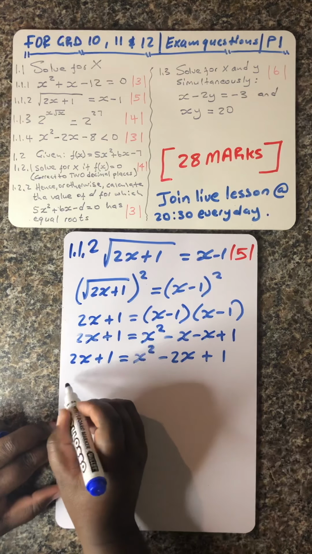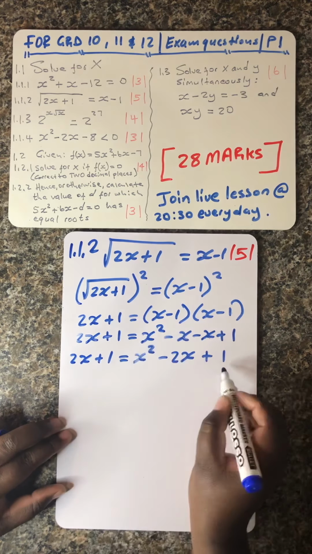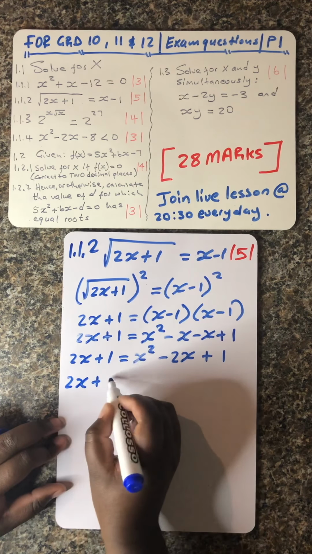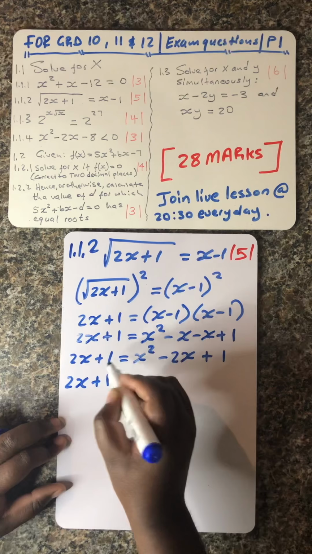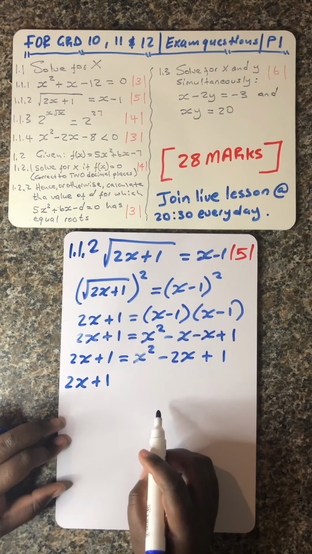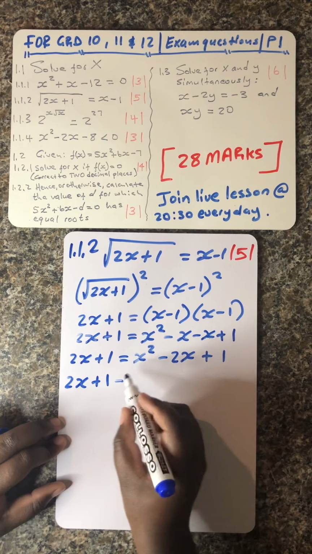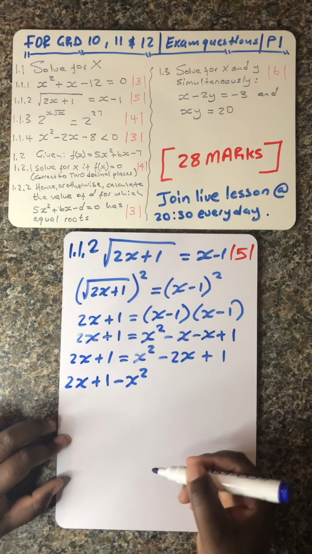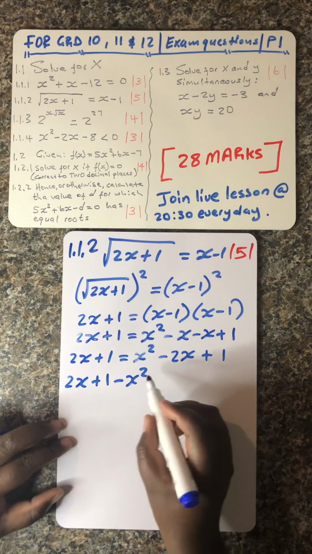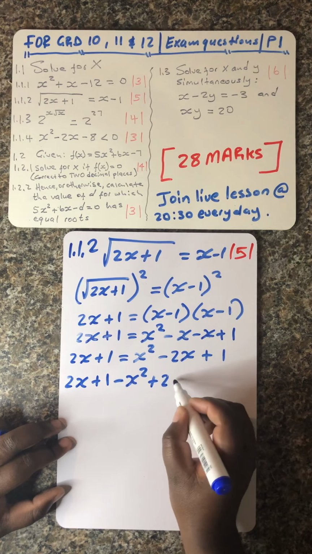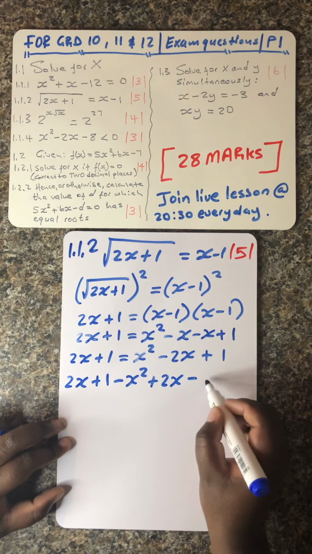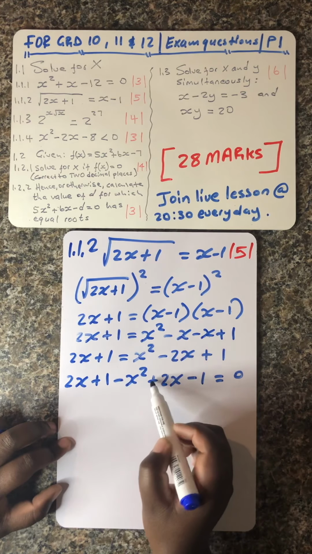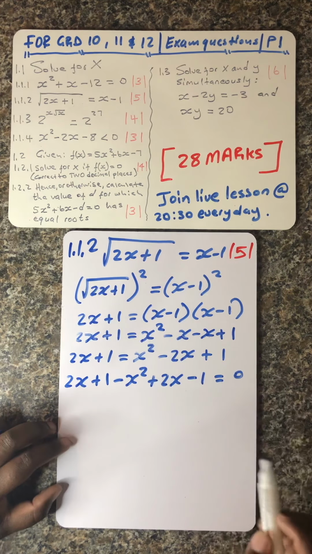So you write everything as it is, which is 2x plus 1, and you move everything to the other side of the equal sign, so you change the sign. Remember, we learned from the first question that you must change the sign when you move a term to the other side of the equal sign. So it's -x squared, plus 2x, minus 1, which equals 0.